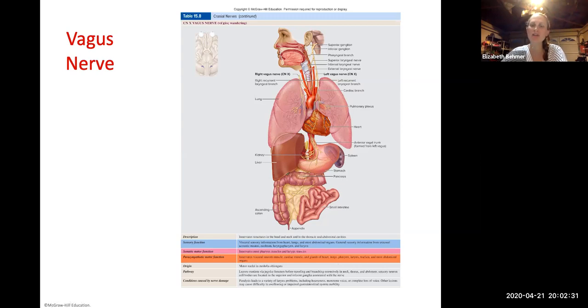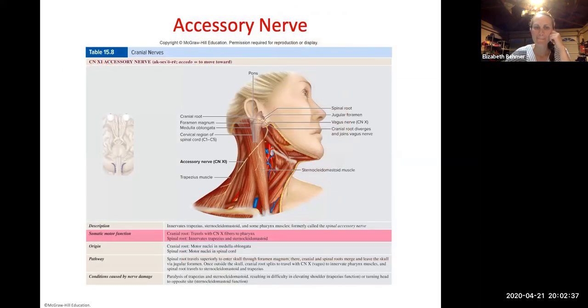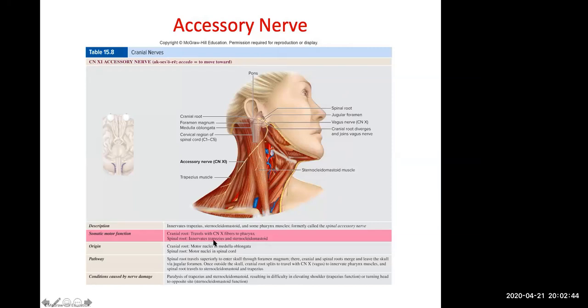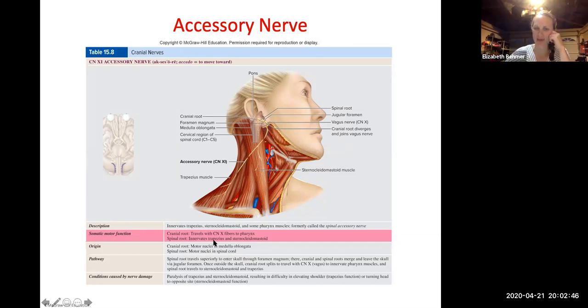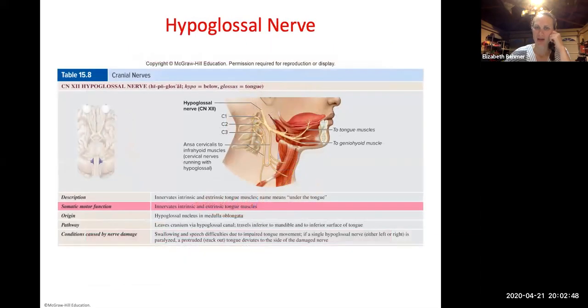So it's the only cranial nerve that actually leaves the head region. This is cranial nerve number 10. Then we have the accessory nerve, which innervates your trapezius and sternocleidomastoid muscles. And then the last one we have is the hypoglossal nerve, which innervates some intrinsic and extrinsic tongue muscles.